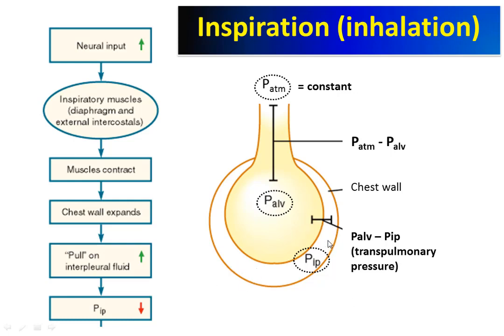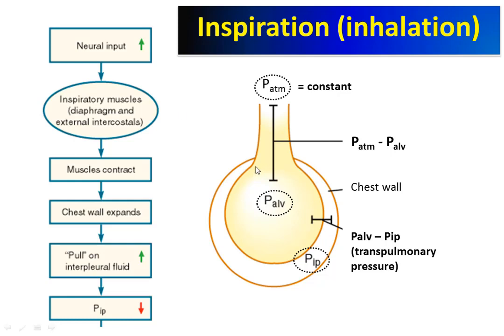So when it is negative 8, it means that the alveolar pressure is 8 millimeters of mercury or 8 centimeters of water higher than the pleural pressure. So what happens to the alveoli as a result of this? The pleural sac, which is surrounding the alveoli, is becoming more negative.